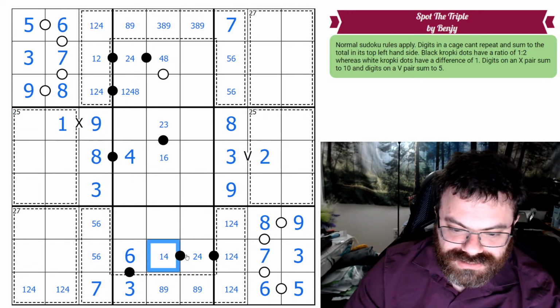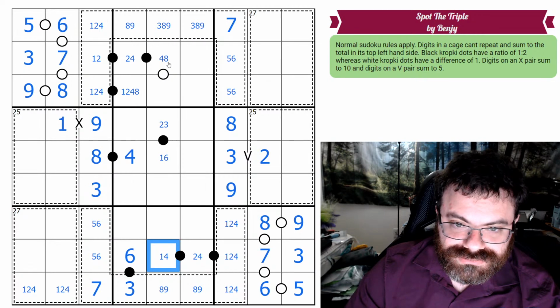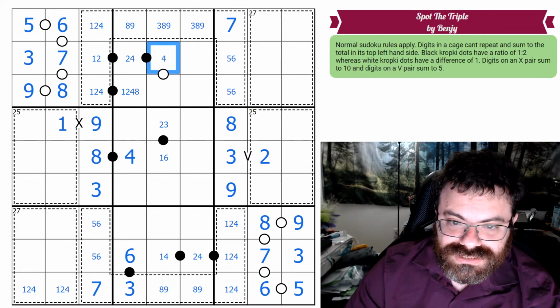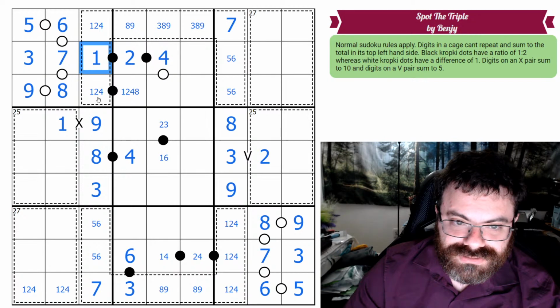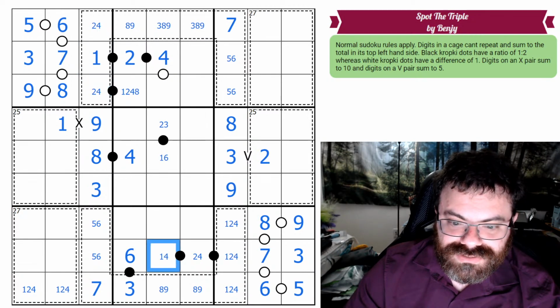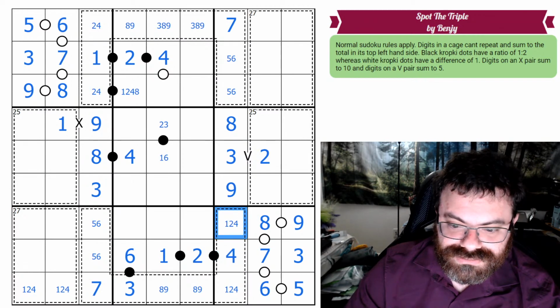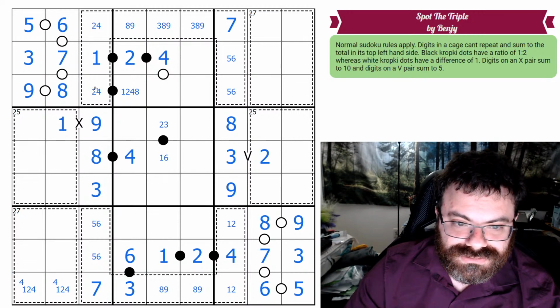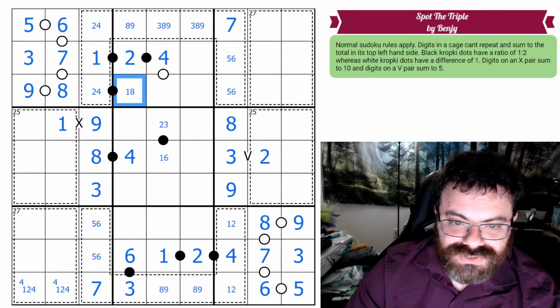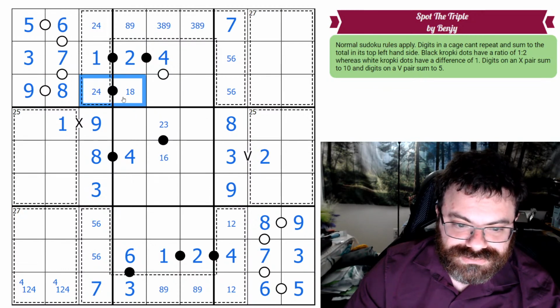Now the 8, 9 pair eliminates 8 from here. That's even better. That's a 4, that's a 2, that's a 1. That gives us a 1, 2, 4. 4 is down here. This can't be 2 or 4. This is 2, 1 or 4, 8.